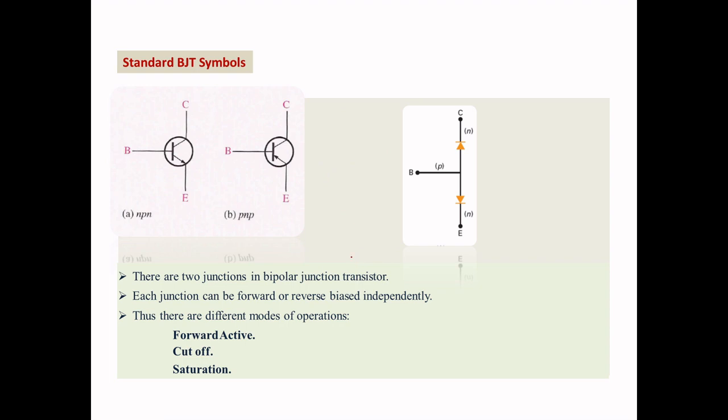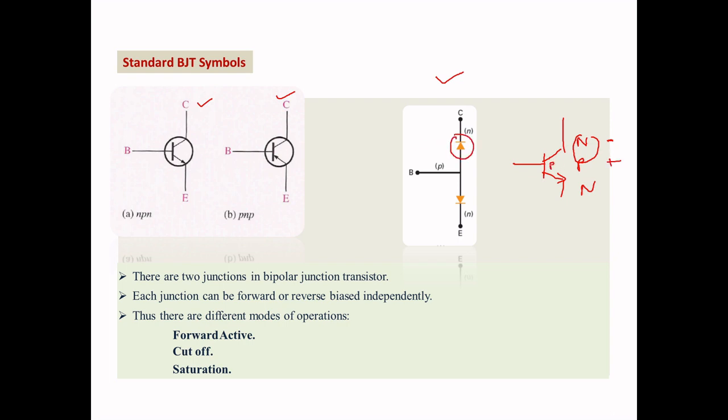Okay, see here. This is an NPN and PNP transistor. This is for NPN and this is for PNP. This is the back to back configuration for the transistor. So we know that when you draw the transistor, this is N, this is P and this is N. This N is negative and P is positive.